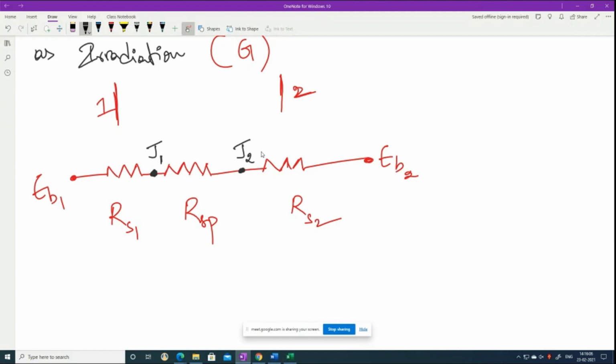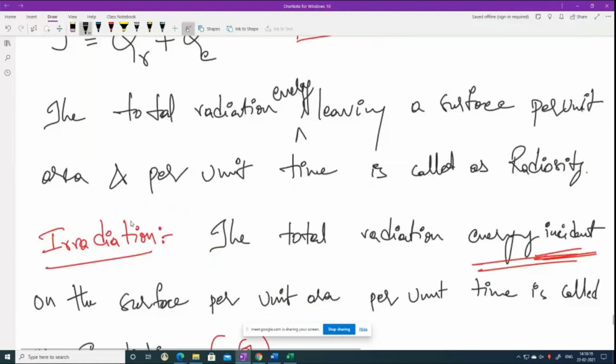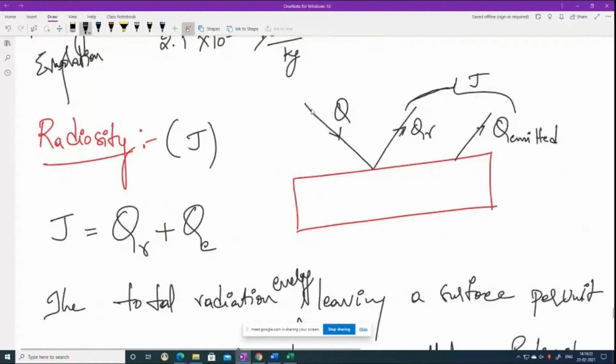Now what you have is, say here you have so much of radiation at EB1. After the resistance, whatever is coming out, there is a certain resistance present here. We call it R surface 1. What is that R surface 1?